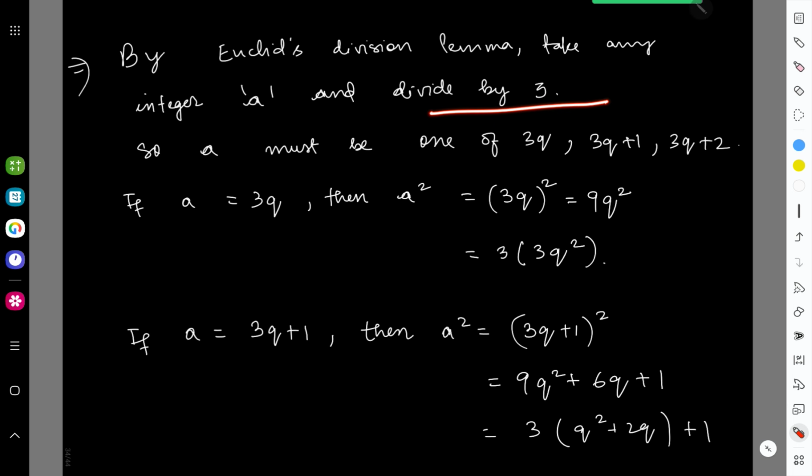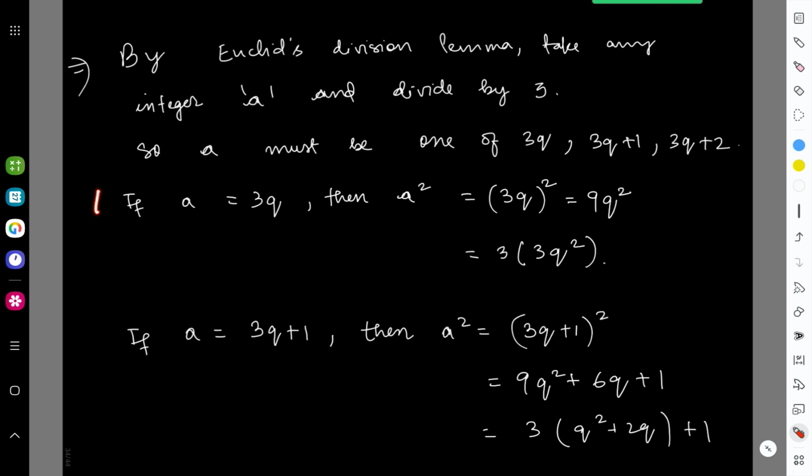Why divide by 3? Because we want to express them in the form of 3n or 3n plus 1. So a must be one of 3q when the remainder was 0, 3q plus 1 when the remainder was 1, and when the remainder was 2, the number 3q plus 2.